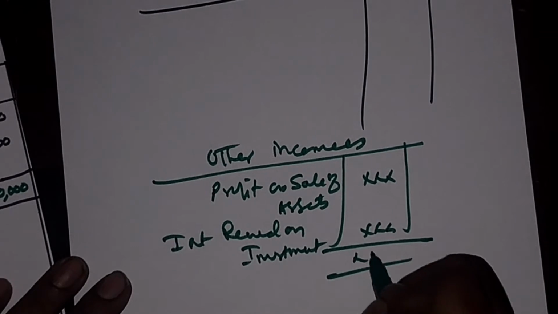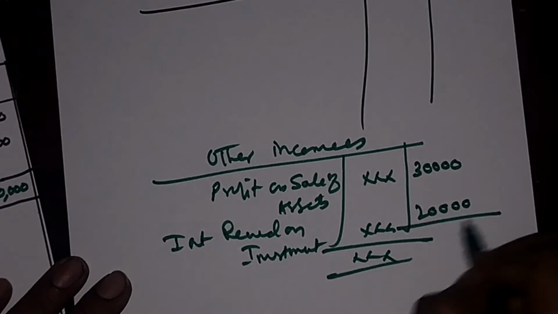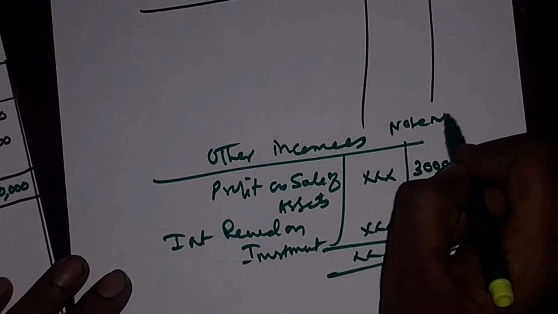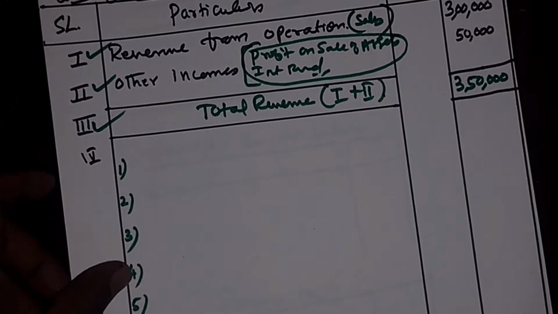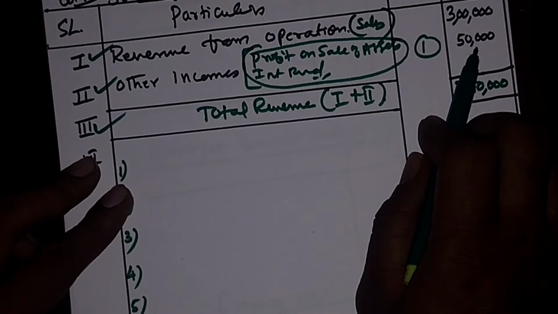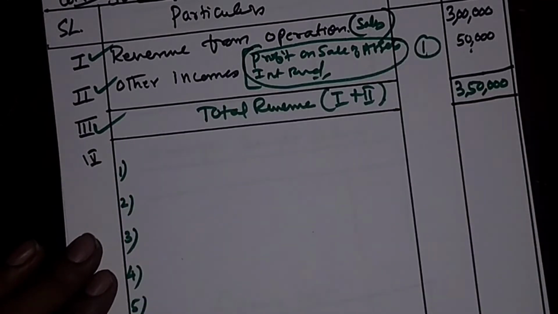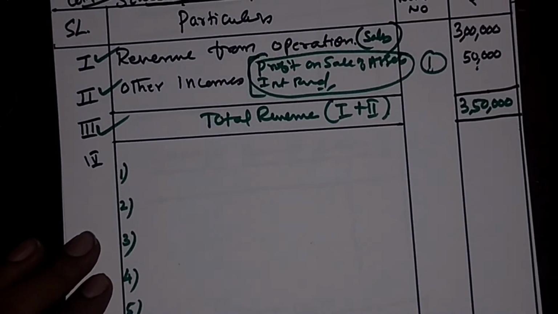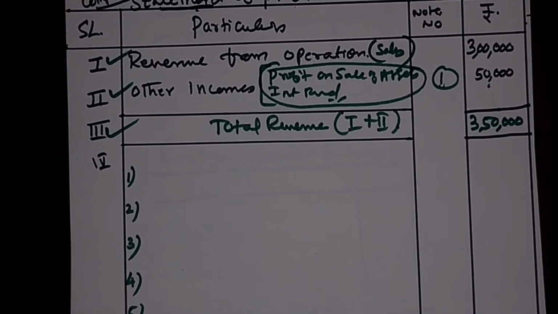I should add it and bring it. For example, let me show 30,000 and 20,000, total I get here 50,000. If I give the note number 1, in this note number 1 I will mark it here. How has this 50,000 arrived? This 50,000 has arrived because of some calculations made in note number 1, which I have given after this income statement. This is the concept, you must know that.